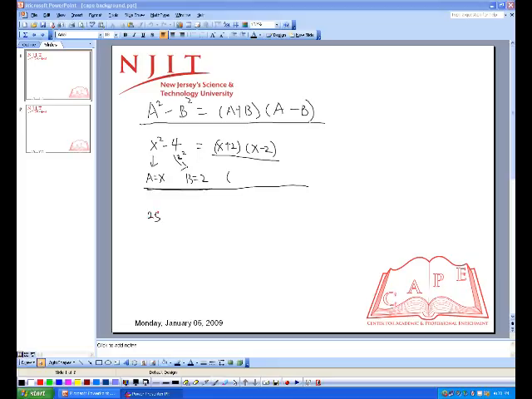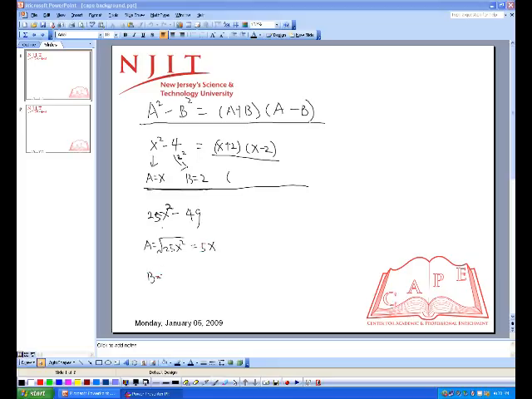Okay, let's try another problem. It's 25x squared minus 49. So let's do it again. It's a squared minus b squared. So a is really the square root of 25x squared, which is 5x, right?